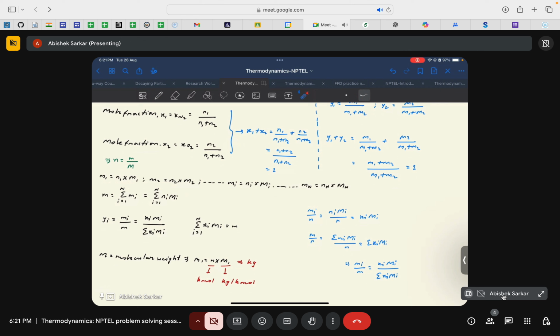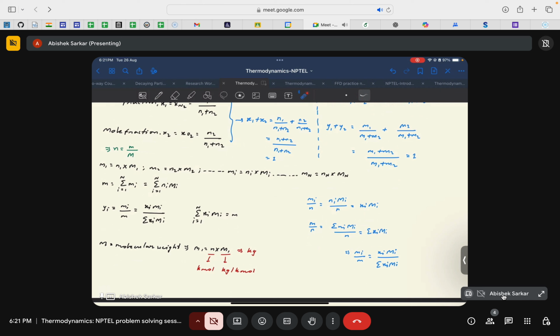We know that mi is equal to ni times Mi, from this relation. Now if we divide this mi by n, the total number of moles in the mixture, then mi by n would be equal to xi times Mi. Why? Because ni by n will be equal to xi.